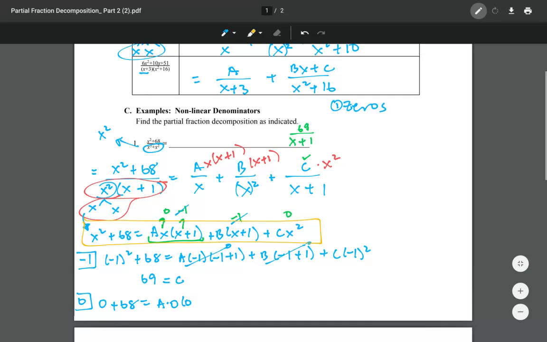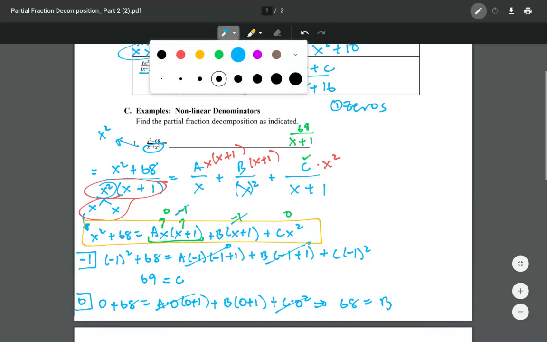That one's going to go away, right? Plus 1. That one's gone. Plus b times x plus 1, but x is 0. 0 plus 1 plus c times 0 squared. That one goes away as well. So this one gives us 68 equals b.